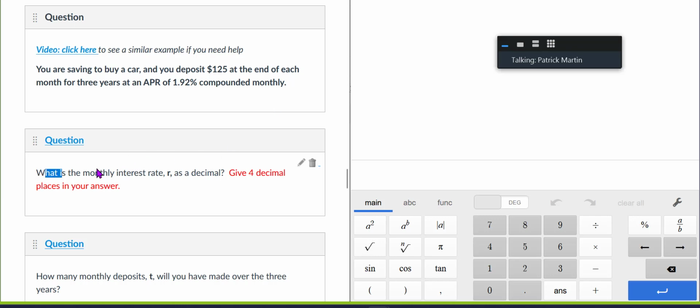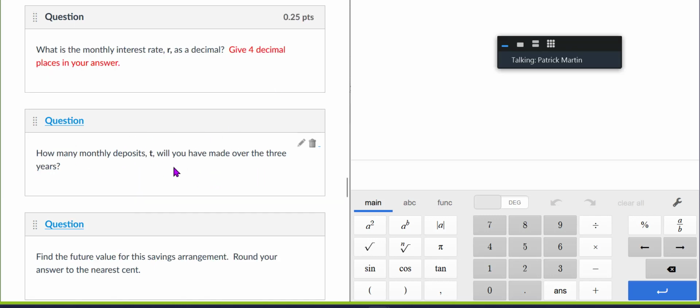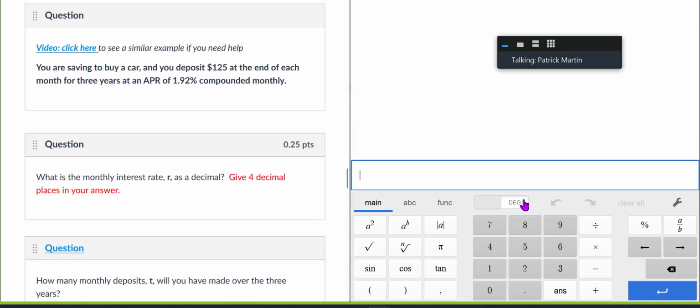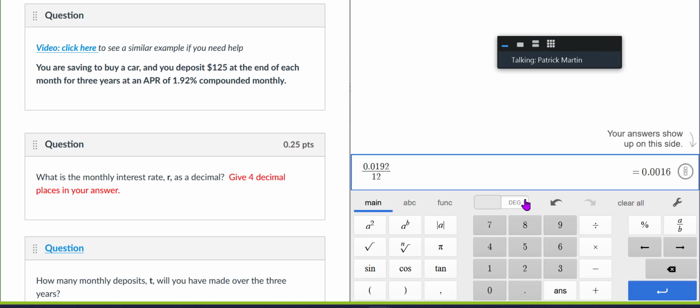So the first question is, what is the monthly interest rate R as a decimal? So what we've got to do is take the annual interest rate, the APR, 0.0192, and divide that by 12. And so that's the monthly interest rate as a decimal, 0.0016.